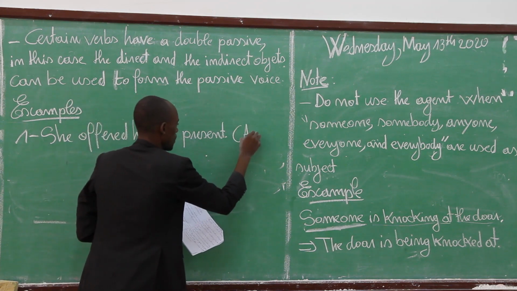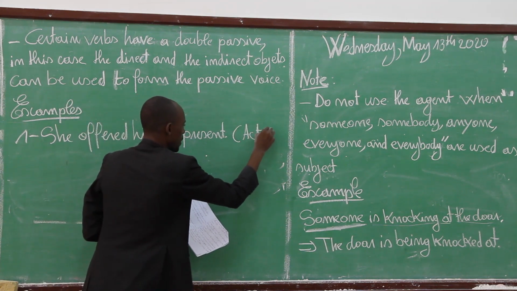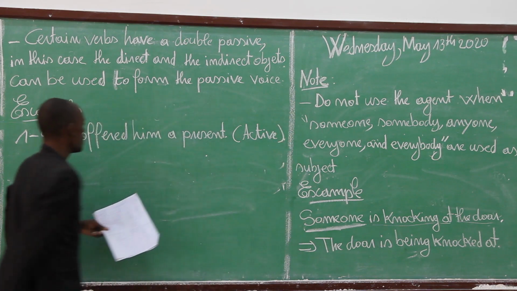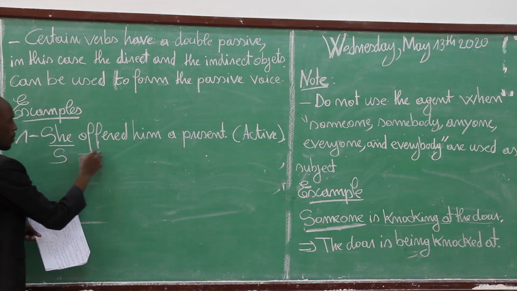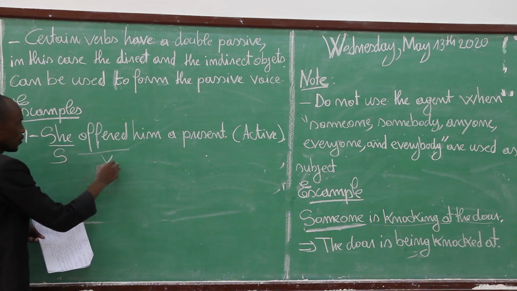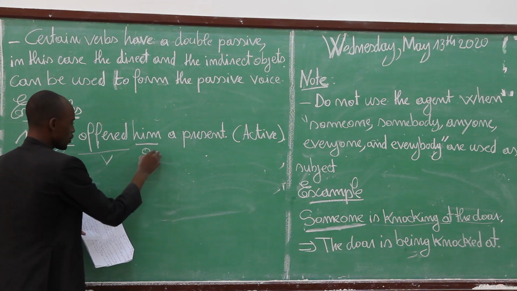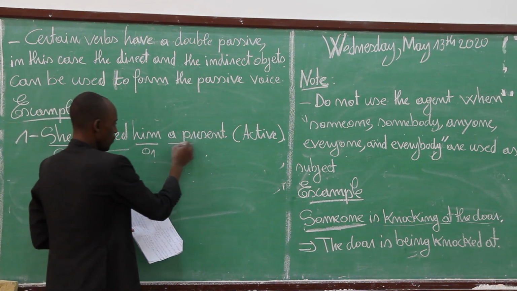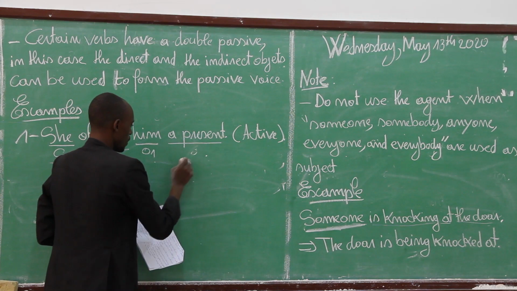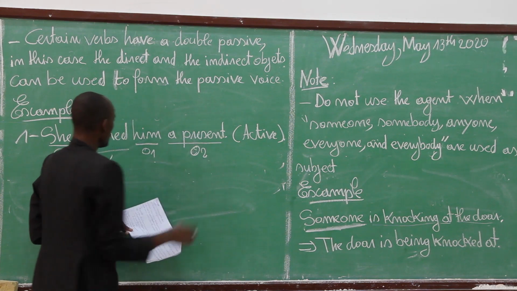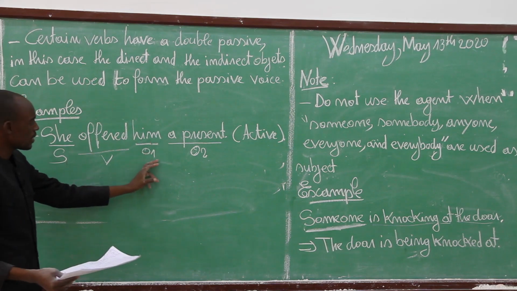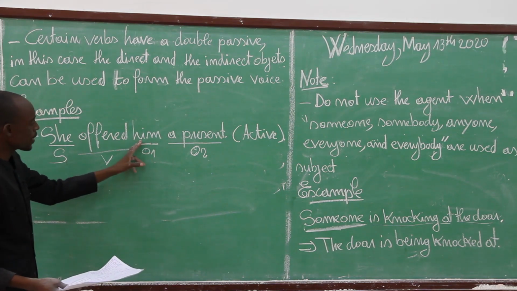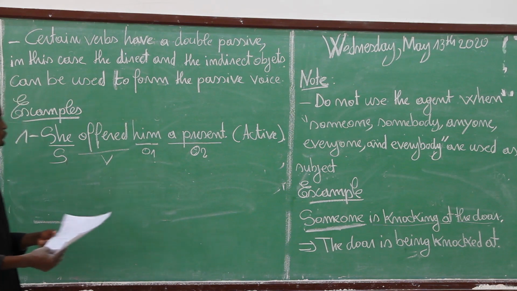This is active. The sentence is in active. Here we have the subject, the verb, object 1, and object 2. Now, this is an indirect object and a direct object.